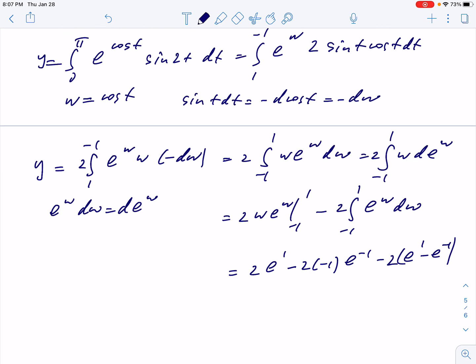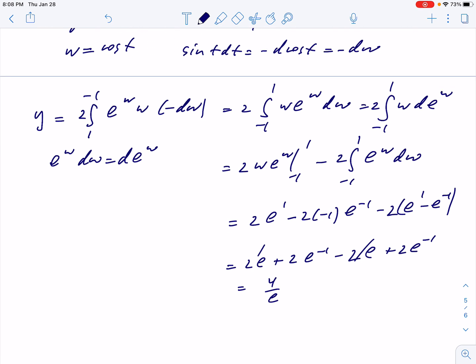And then this can be simplified. 2e first power, which is just e, plus 2e negative first, minus 2e first power, and plus 2e negative first. After crossing out two terms, this will be 4 over e. 2e negative first plus 2e negative first, 4 times. Oh, that's what I get.